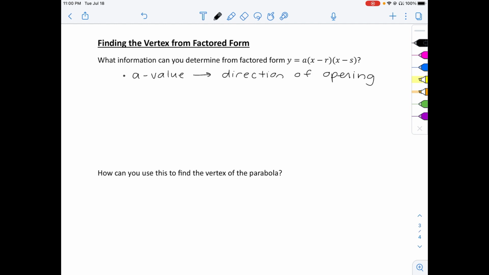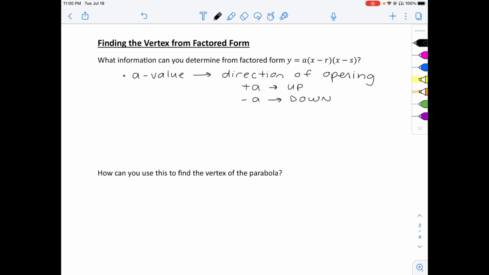If it is a positive a value, it's opening up. If it's a negative a value, it's opening down. When it's opening down, we can also refer to that as a reflection over the x-axis or a reflection in the x-axis.